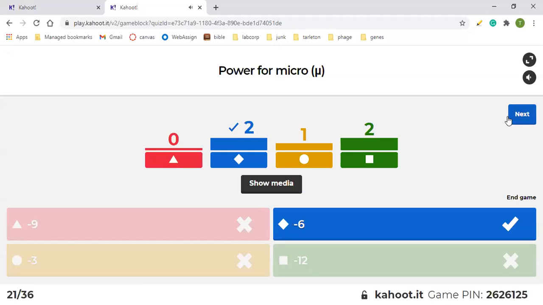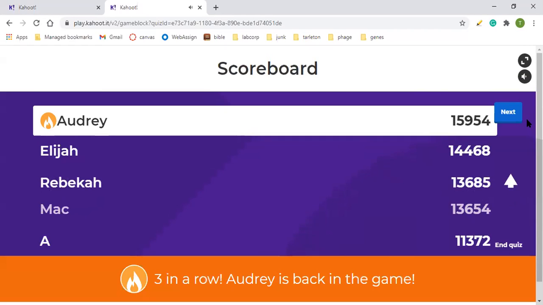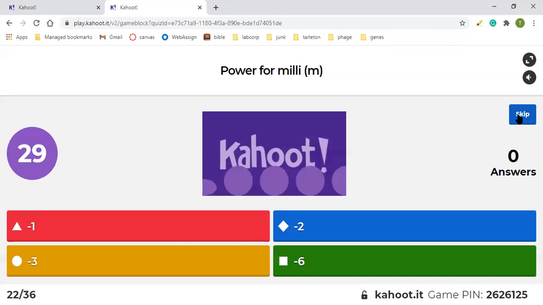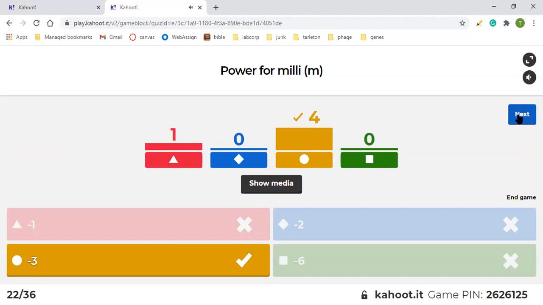Then we've got micro, or lowercase mu, which is 10 to the -6th. Then we've got milli, 10 to the -3rd.